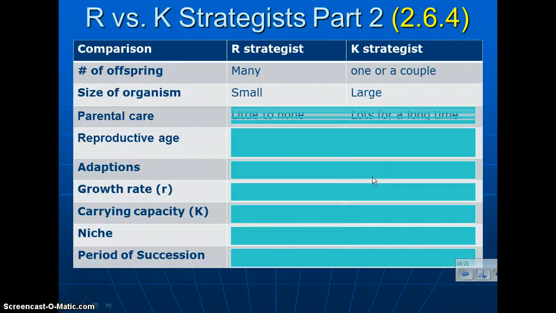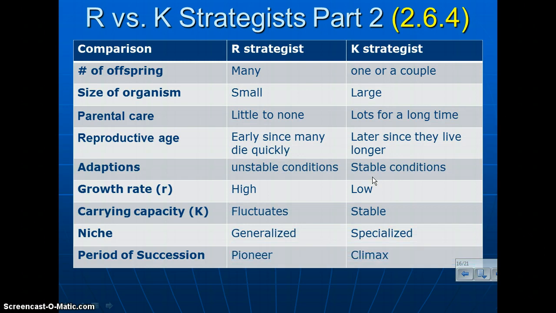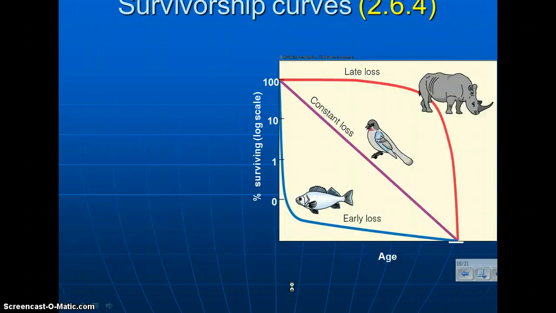Pause and write them down and see this comparison of the different things for K and r strategists in more detail. And pause to get more of these down. Do notice which are more common in different parts of succession. This should make sense based on how much they're reproducing and how much they like stable versus unstable conditions. All right, let's keep going.